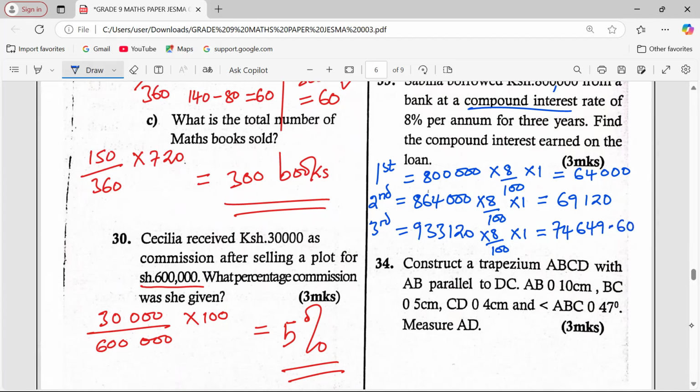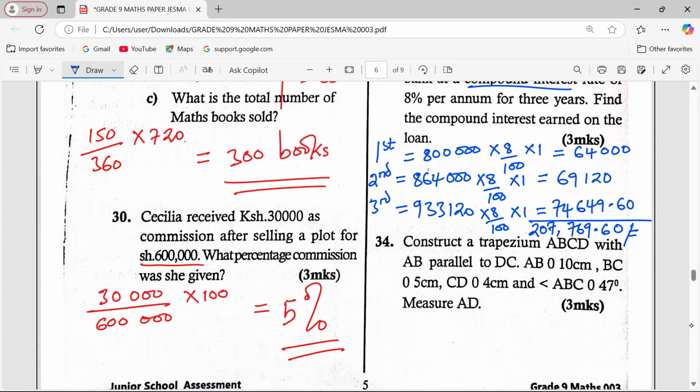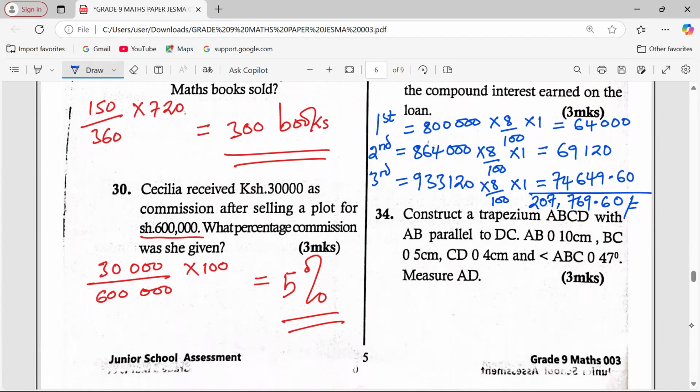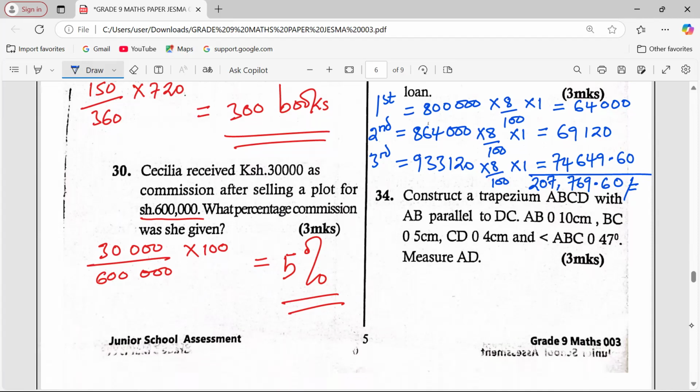Then now here we can talk about the total interest which will have been earned. So the total is going to be 207,769.60 Kenya shillings. So that is the amount of interest which will have been earned for the 3 years of compound interest.